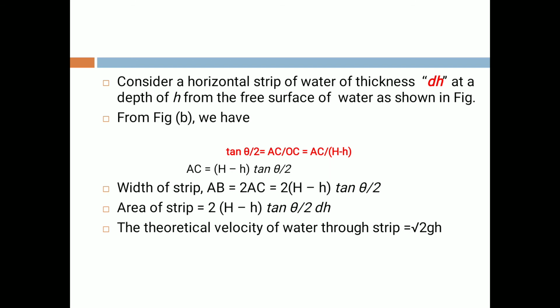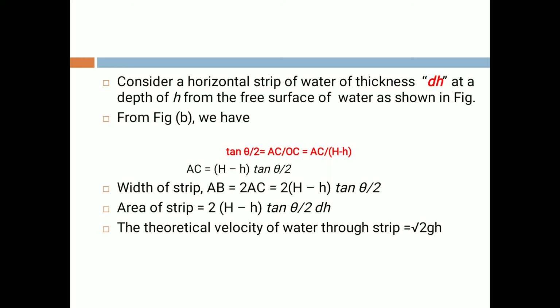Then width of strip AB is equal to 2 times AC, that is 2 into (H minus h) into tan theta/2. Then area of strip is equal to 2 times AC multiplied by dh, and dh is the thickness of the horizontal strip of water.